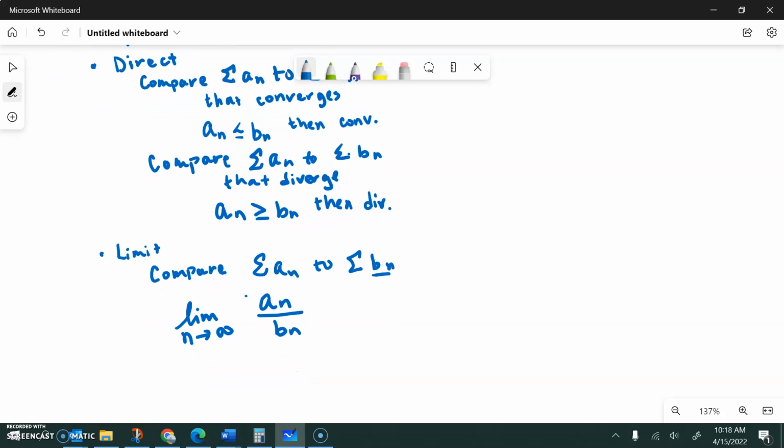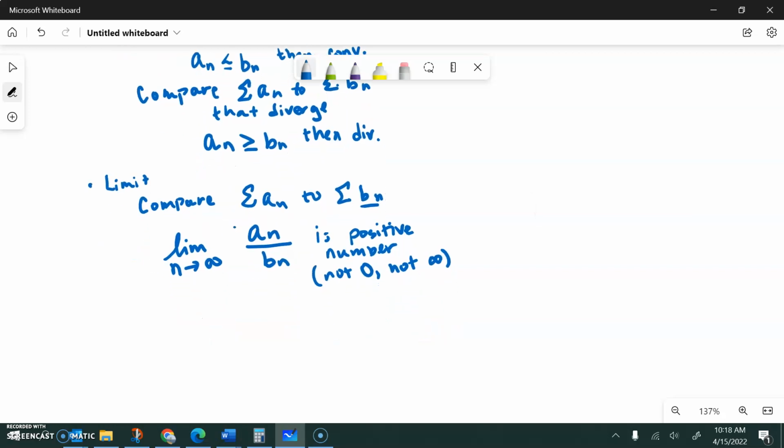If this is a positive number, so not 0 and not infinity, if that limit is a positive number, then A and B do the same thing.